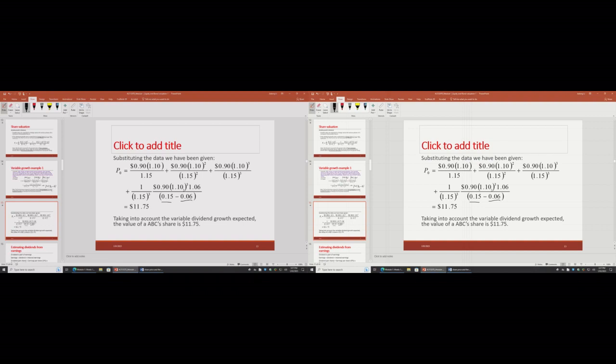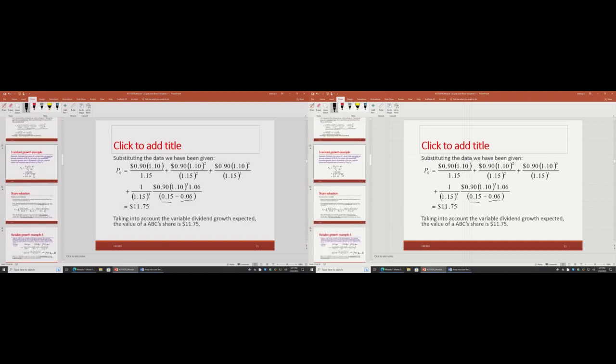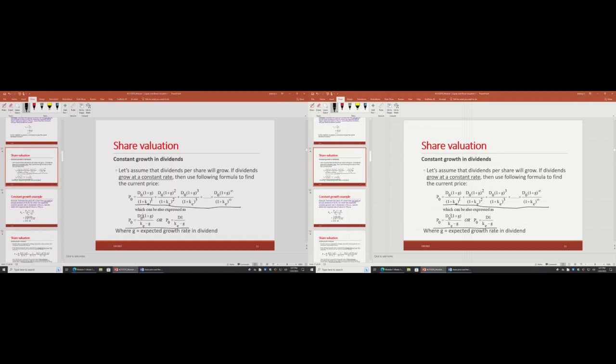And we know the formula: D0 multiplied by 1 plus G, that's the estimation of the next dividend, divided by the difference between KE and G. So we know what information we should look at.